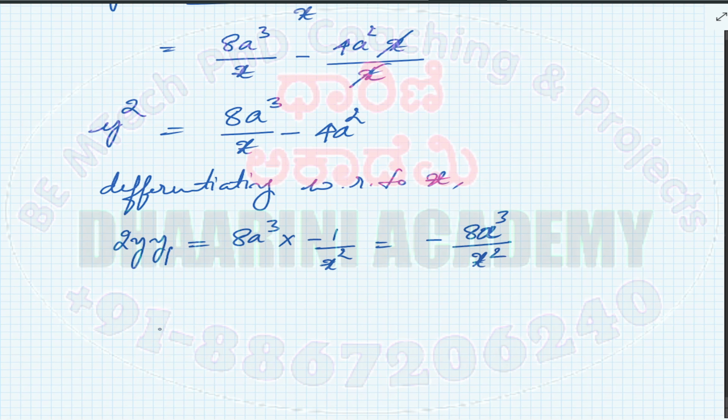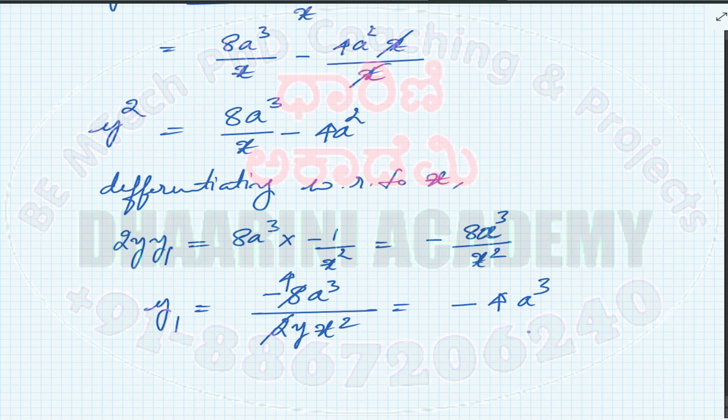But what I want to substitute in my equation of rho is only y1. So I take the 2y to the other side. So this is minus 8a cube divided by 2y into x squared. The 2 cancels, making it 4. So now I can write this is equal to minus 4a cube divided by x square times y. This is y1.